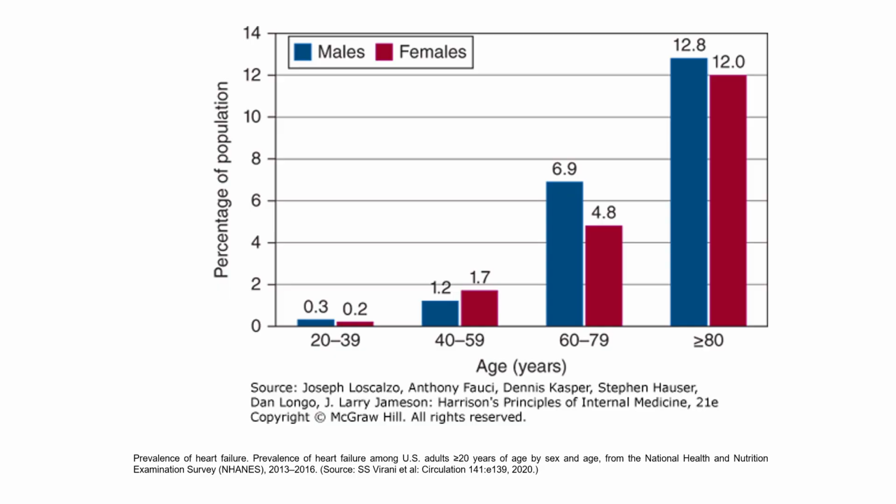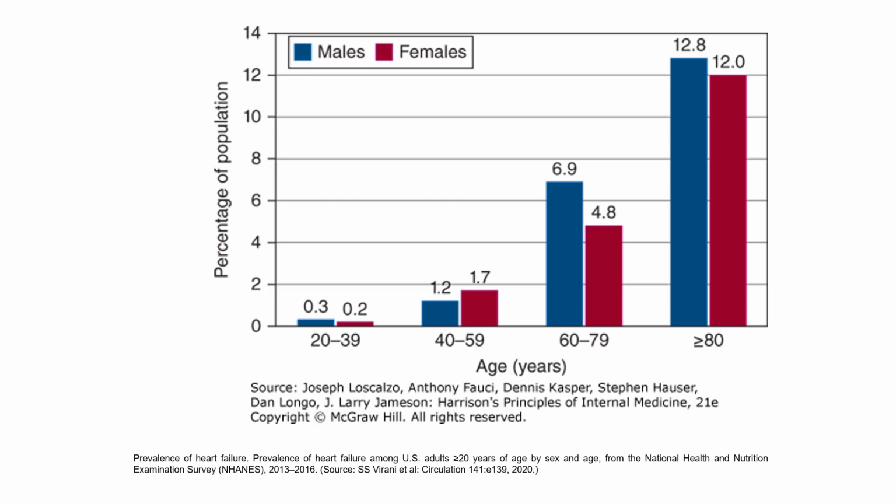First, let's start with some epidemiology. The prevalence of heart failure among adults in the US increases with age for males and females, as you see in this graph, with a sharp rise in the prevalence from the age of 60, reaching a prevalence of 12 to 13% for patients 80 years of age and older.